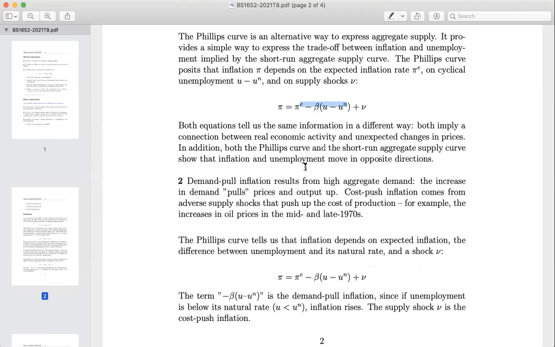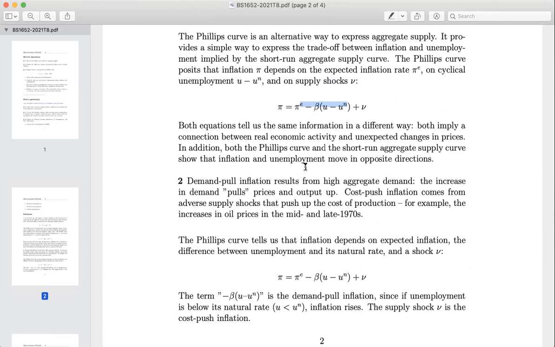The next question asks us to explain the difference between demand pull inflation and cost push inflation. Obviously, just thinking about the name, demand pull inflation happens because of higher aggregate demand. An increase in aggregate demand pulls prices and output up.